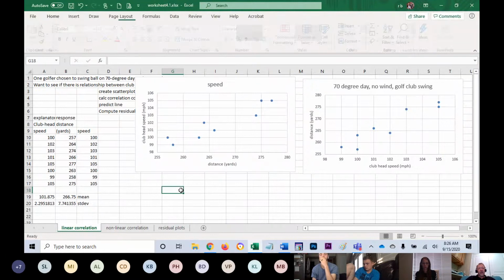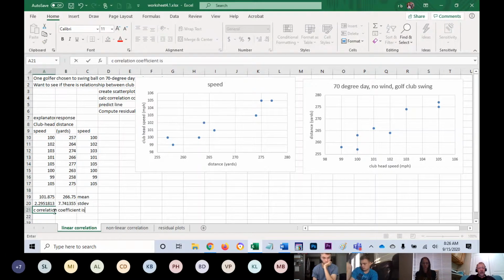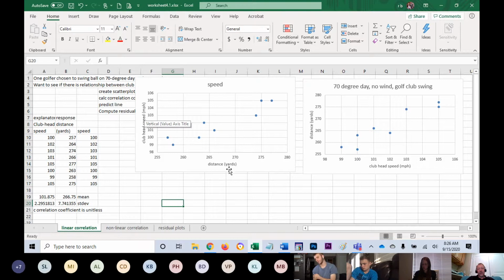Now you'll notice, I should also mention here, the correlation coefficient is unitless. It has no units. And in fact, you can compare wildly different stuff. Miles per hour versus your distance in yards, those aren't even close to the same units, but you can still compare them.